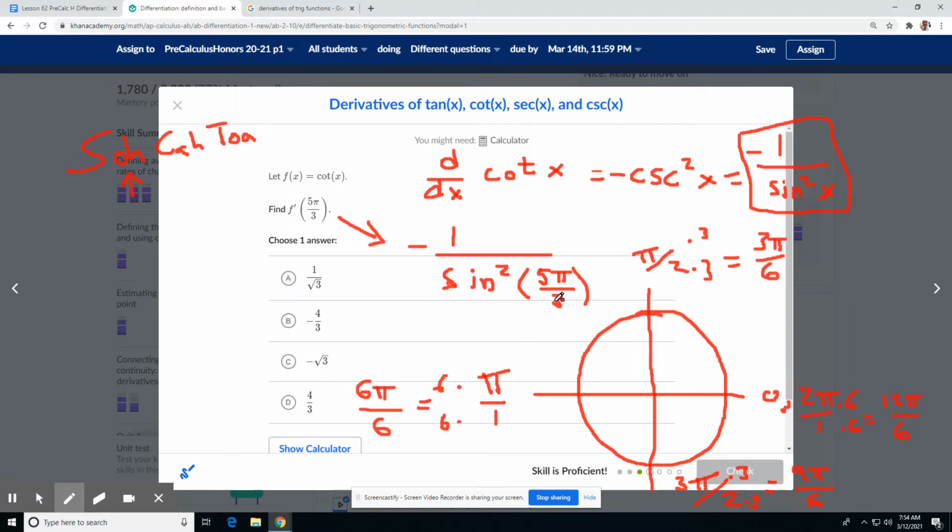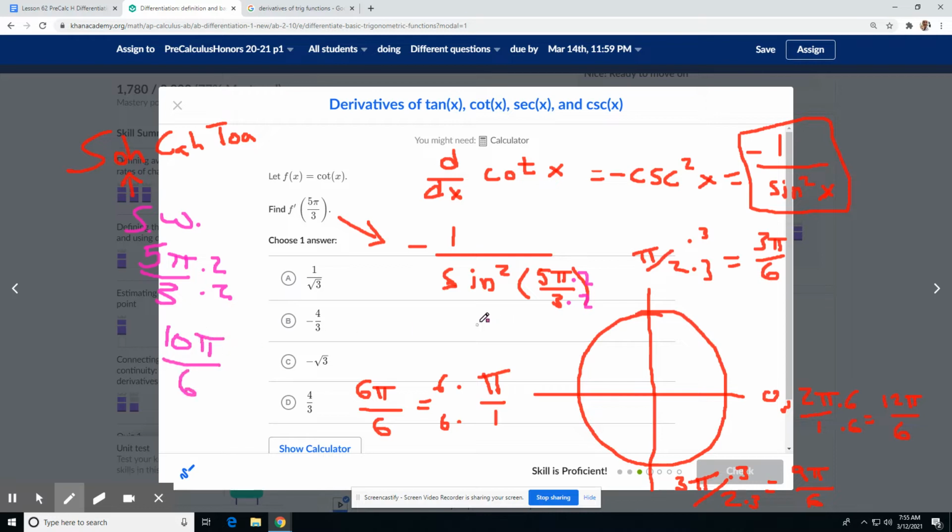Now, when I think about the 5 pi over 3, I need to change that one too. So this would be times 2. So my side work here for 5 pi over 3 times 2, I get 10 pi over 6.